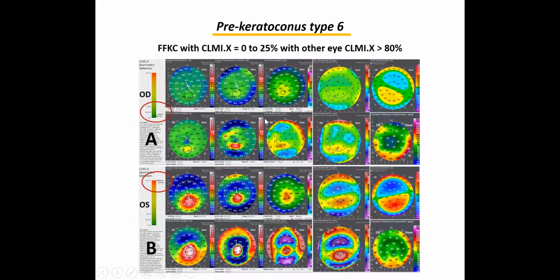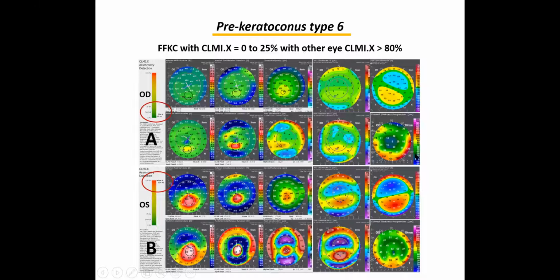You can observe here that the CLMI-X has 6 maps with the analysis of the best fit toric aspheric maps, with the thickness progression map, and with the coma map, we complete the analysis of this cornea very well.